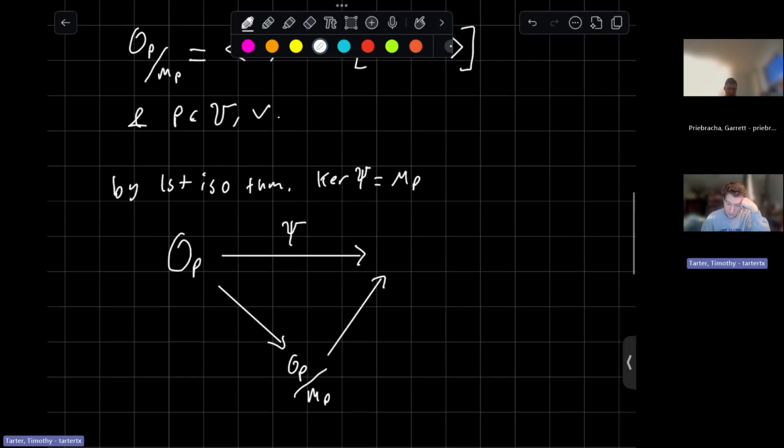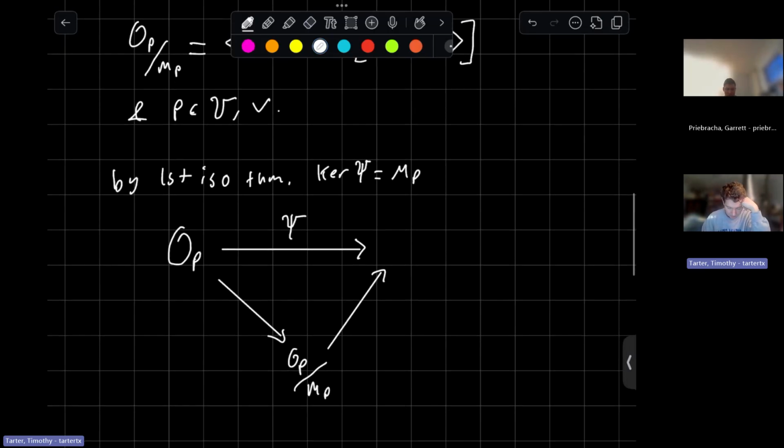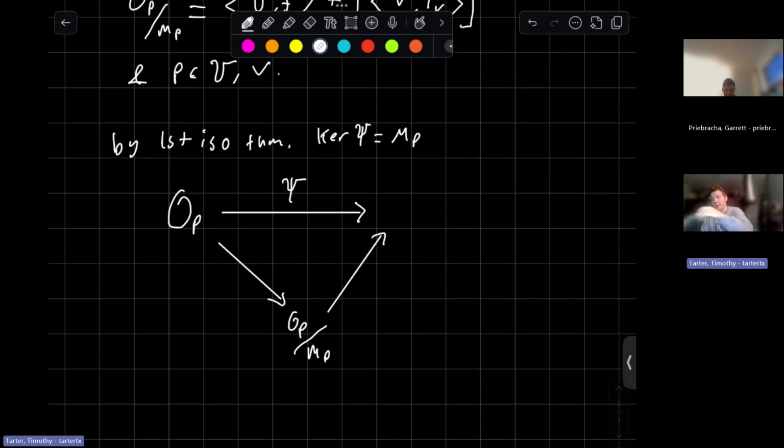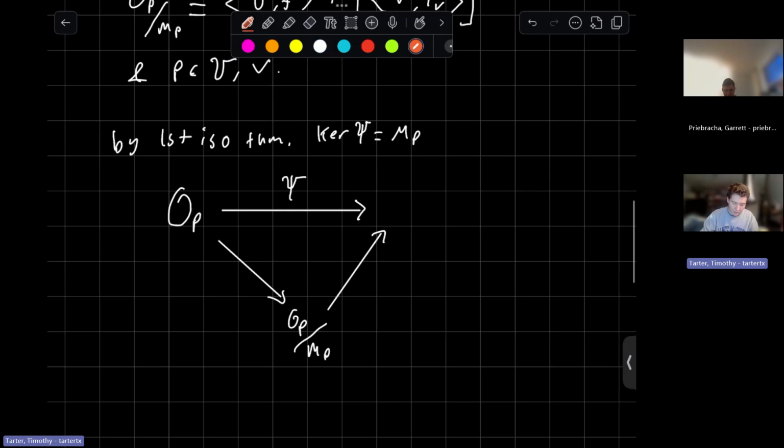So we really want to construct a field that's an injection of O_P and has kernel M_P. And we've, of course, claimed that this thing is R, but we have not proved this yet. So I'm just going to say not given at all.